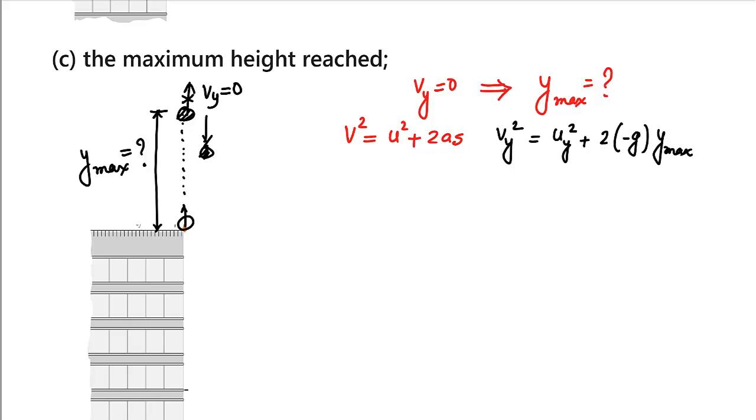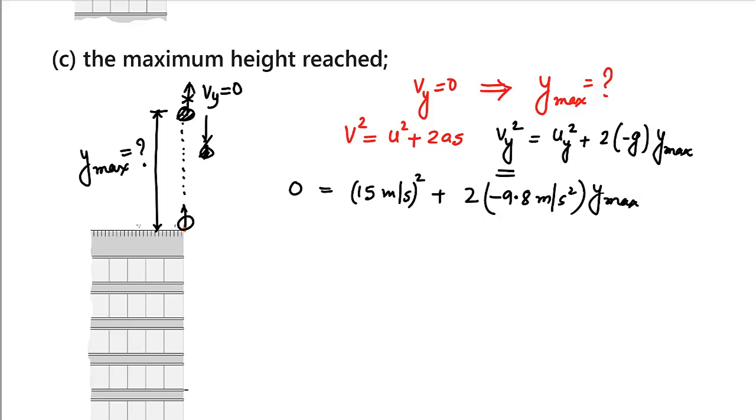So what will be v_y? v_y will be 0 as I said, and u_y is nothing but 15 meters per second, squared, plus 2 times minus 9.8 meters per second squared, multiplied by y_max. So from here I can calculate y_max, which is equal to 11.5 meters. So basically the ball can go maximum up to a height of 11.5 meters.